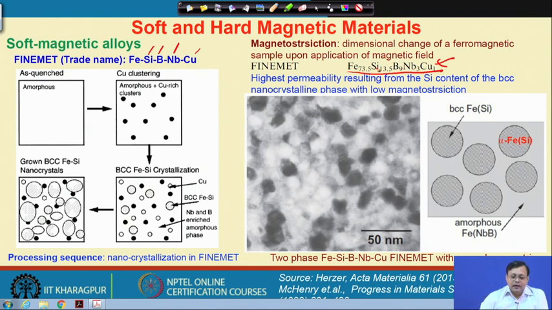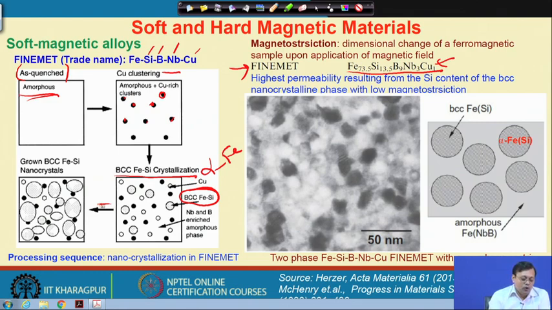We will see. So, first a quenched microstructure that has an amorphous phase present is prepared in case of such Finemet alloy. Then we anneal it and we basically get some copper clusters in it. These copper clusters actually help in the formation of the iron silicon BCC alpha iron phase, that is a BCC phase that assists in this crystallization process.